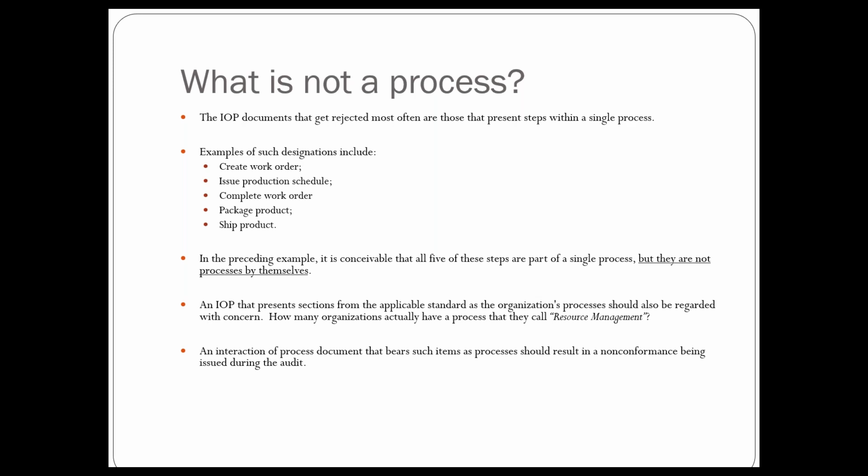Could be. It's conceivable that it could be, but it looks suspicious. An interaction of process that is presented from a consultant, if it's something that hasn't been tailored to your operation, is potentially going to be concerning. So these are the types of IOP documents that might lead to nonconformances during the audit process.